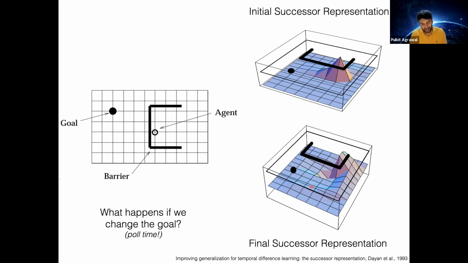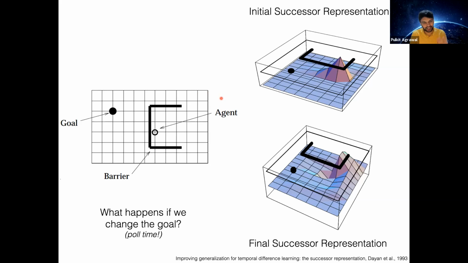I just have to focus on which state gets a high reward. But if my goal was, say, somewhere over here, my successor representation is going to be a very bad representation because now I have to relearn the successor representation to relearn the reward for a new position, right? So this split between my state transition and the dynamics and the reward function would not really be useful.